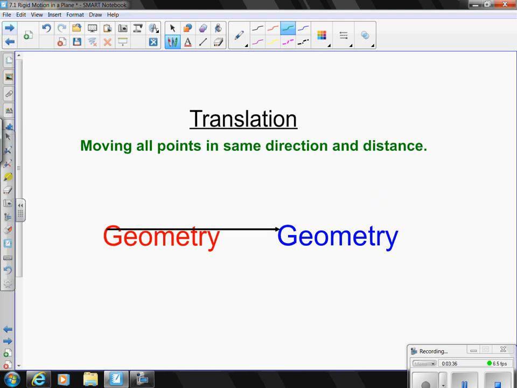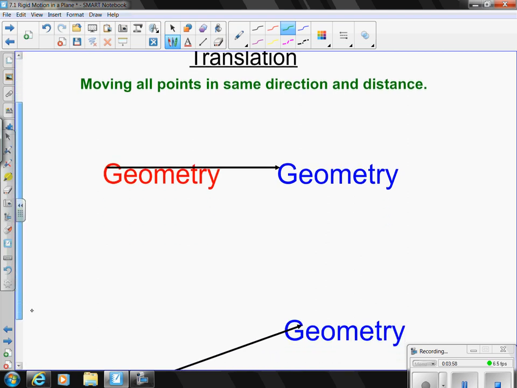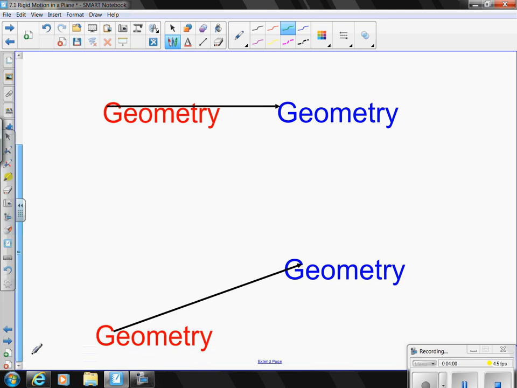The third major type of isometry, a specific type of transformation where length is preserved, is a translation. Okay, a translation is like a slide. I'm just taking this and sliding it over. Okay, you're moving all the points in the same direction and same distance. And we could show you how this is moving the same.